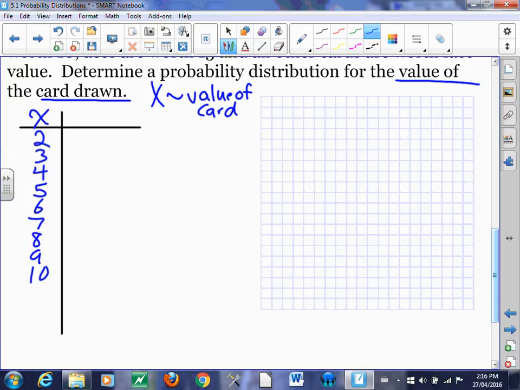Okay, 10 deals with all the face cards, right? That's the number of points you could have. Okay. And then the ace is worth how many points? 15. Okay, so I'm just going to put down here that this is my ace. Okay, and 10 represents 10, jack, queen, and king. So there's lots in there.